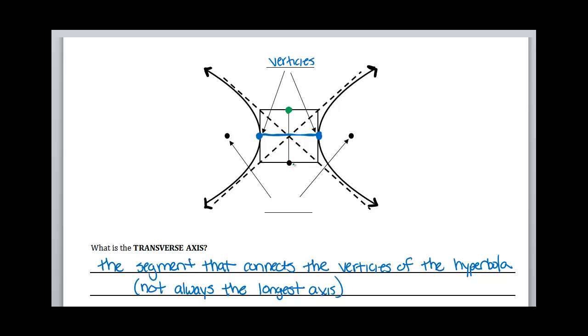These are going to be up and down on a horizontal hyperbola. Now the co-vertices connect what we call the conjugate axis.